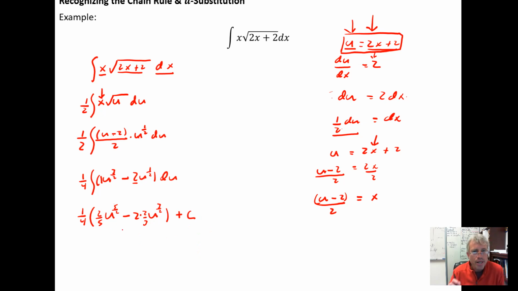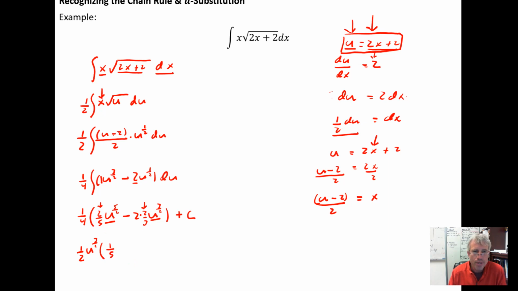So a couple things that I could notice here. I noticed that a 2 shows up on each of the terms, and I could actually factor a 2 out, which would give me a 1/2. And a u to the 3/2 shows up in each of the 2 terms. So I could actually factor out a u to the 3/2, which would leave behind, I factored out a 2, so it would leave behind a 1/5.